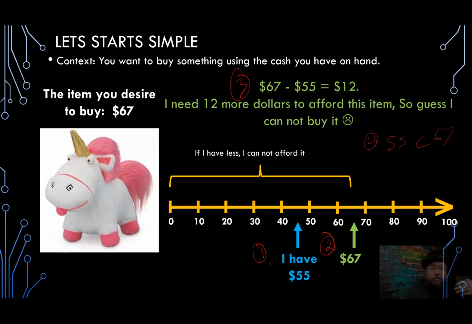And here I'm using more quantitative skills, because the number just says 55 is less than 67, which is enough, but I'm also quantifying by how much: $12. That's way too much to start haggling. So $12 is too much for me to start haggling, so I can't afford it and I can't buy it, and that's my reasoning.